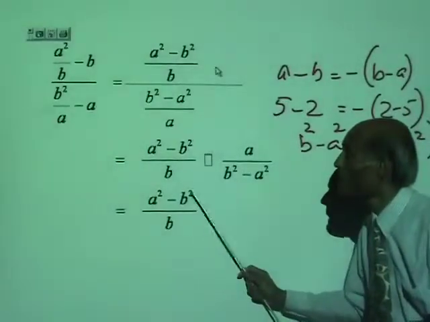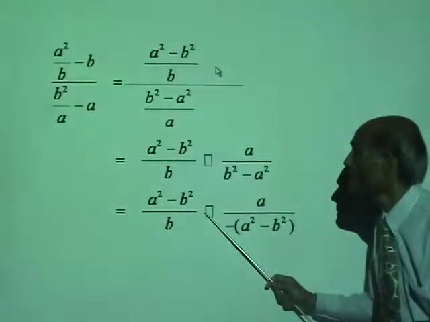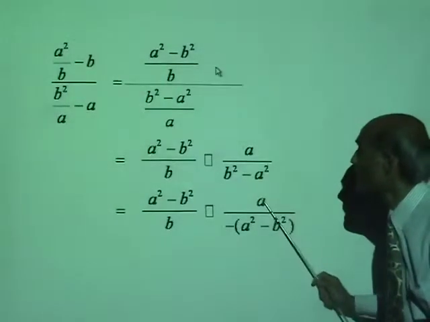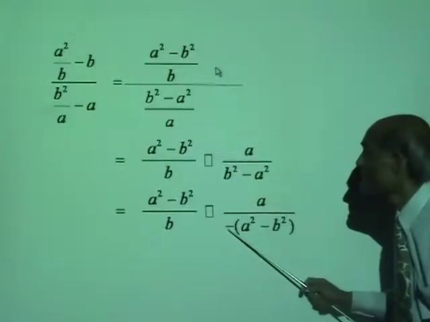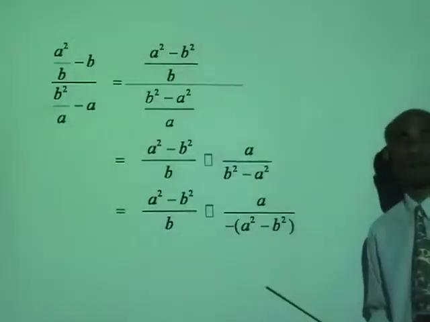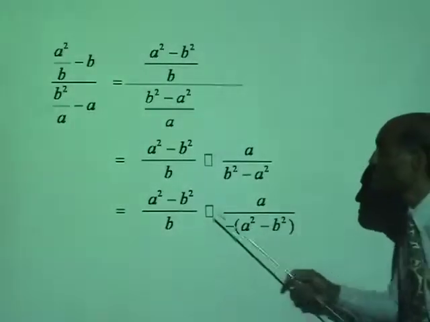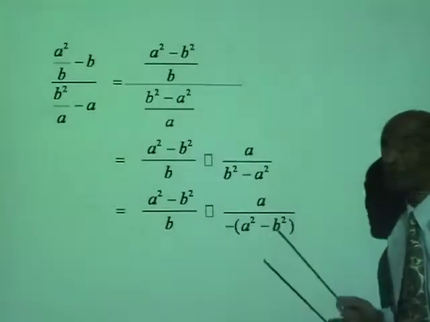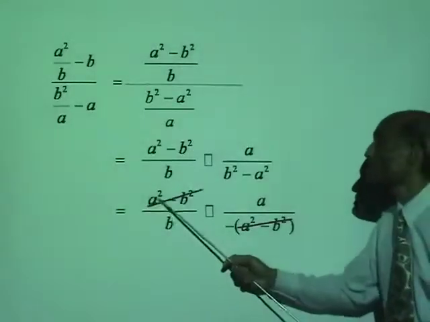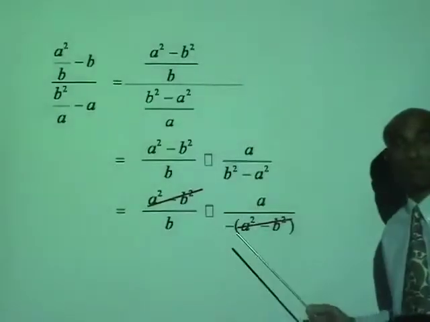A squared minus b squared over b multiplied by, this is now going to become a divided by negative of a squared minus b squared. And now you notice a squared minus b squared will cancel with a squared minus b squared on the numerator. And what is our answer?